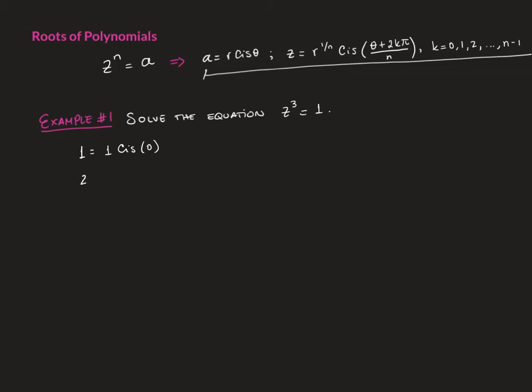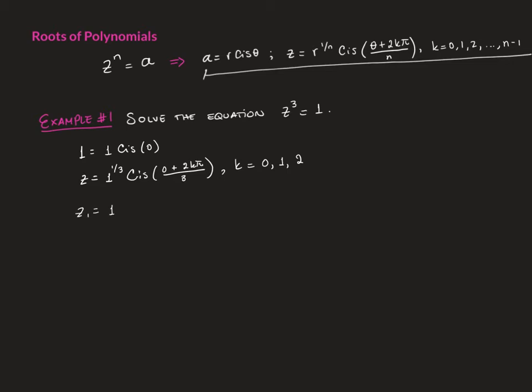So according to the rule that we discovered last time, z is going to be 1 to the power of a third cis of (0 + 2k pi) divided by 3, where k is going to take values 0, 1, and 2. So we're going to find the first value of z when k is 0.